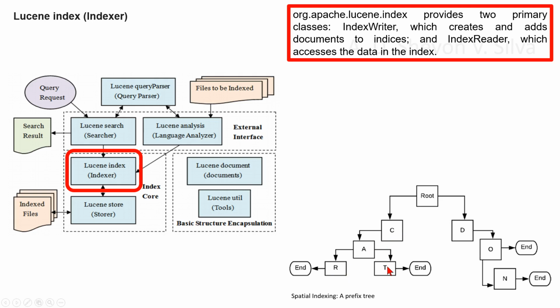Car, cat, do, and don. Lucene defines an abstract class, SpatialPrefixTree, which is an abstract representation of the prefix tree.